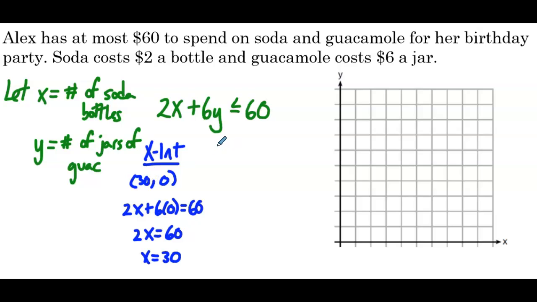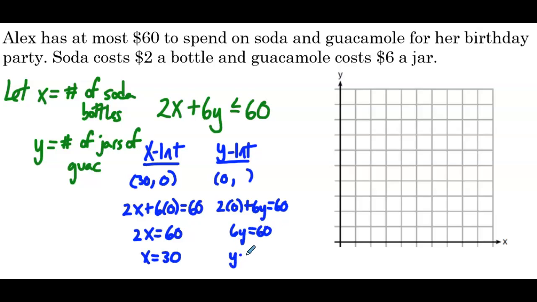So 30, 0. And then we have the y-intercept, which is when x equals 0. So 2 times 0 plus 6y equals 60. 6y equals 60. Divide both sides by 6. y would be equal to 10.